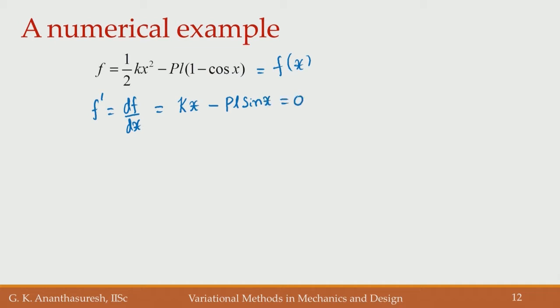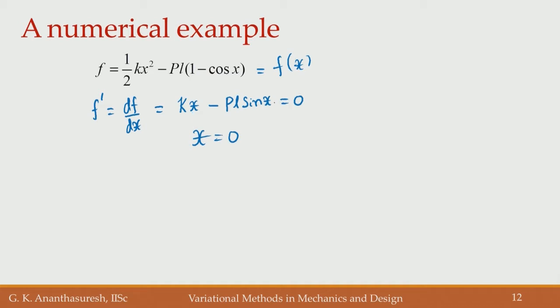That is our condition for x to be a minimum, the necessary condition. If you solve this, kx minus PL sine x equal to 0. If you just observe this equation, x equal to 0 is definitely a solution, because kx equal to 0, and PL sin x is 0 when x equal to 0.